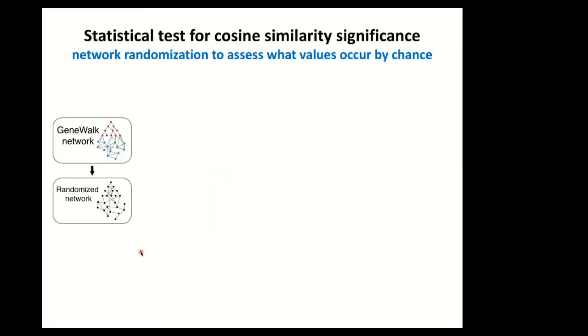And then the second part that I developed was a statistical test for these cosine similarity significance. So what we do here is we randomize networks so that we get random vector representations.